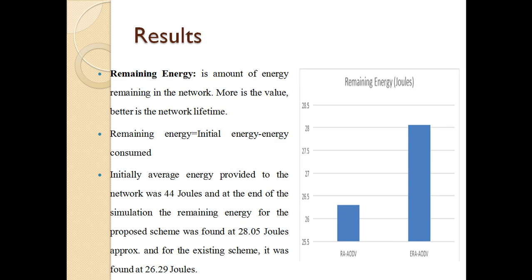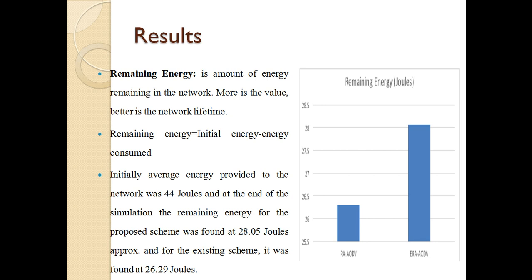Next is remaining energy. Remaining energy is the amount of energy remaining in the network. The more the value, the better the network lifetime. So the remaining energy should be high, which is the main goal of our work: reduce the energy consumption.